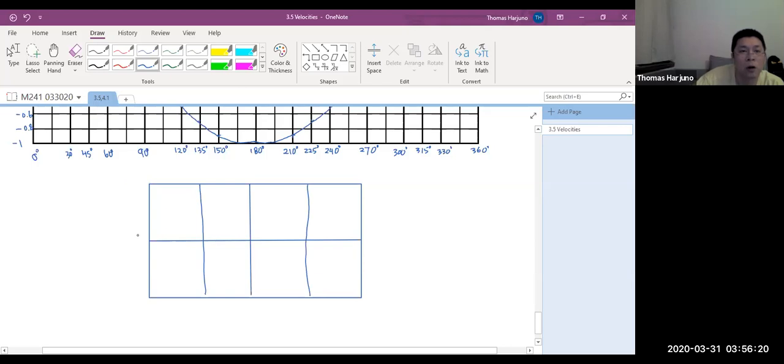Then I will start from 1, going down in the first quadrant.